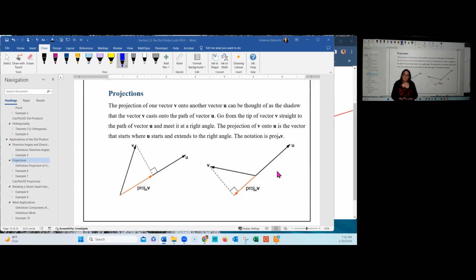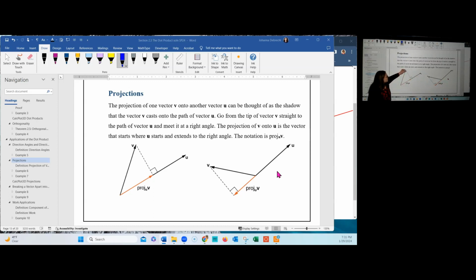The one that is the subscript is the one that it's being projected onto that path. So notice that the projection is not directly on u, but is on the path of u. So if you were to extend u backwards, it would be on that part of it.